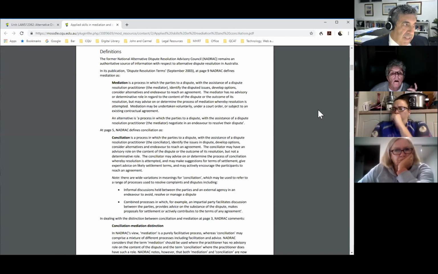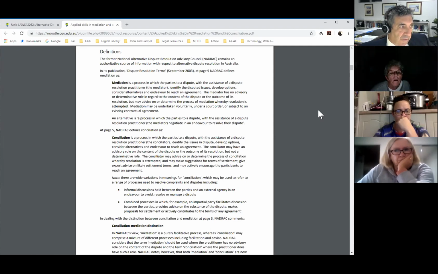The reason I'm showing you these definitions now is that if you're going to undertake mediation or conciliation for your assessment, a pretty logical starting point is to have a clear idea of the definition and to work within that definition. So, for example, in a pure facilitative mediation model, the mediator has no advisory or determinative role in relation to the content of the dispute or the outcome, but may advise on the process.